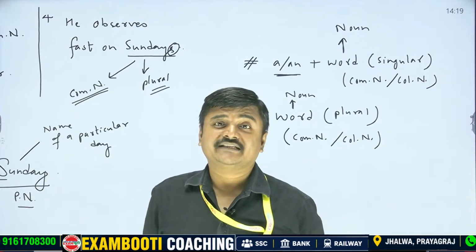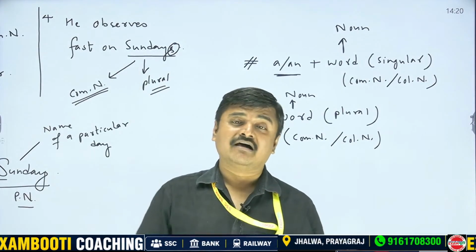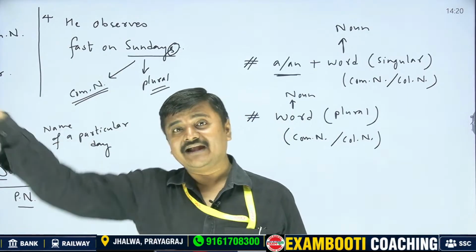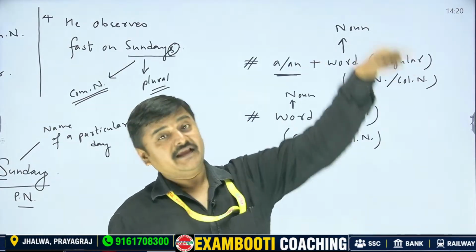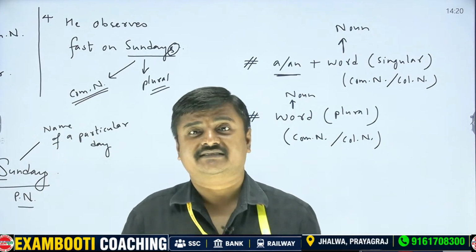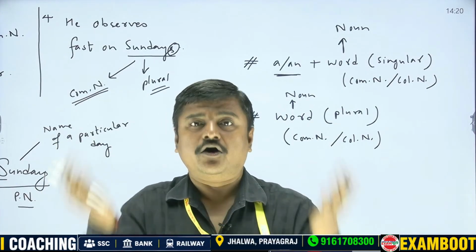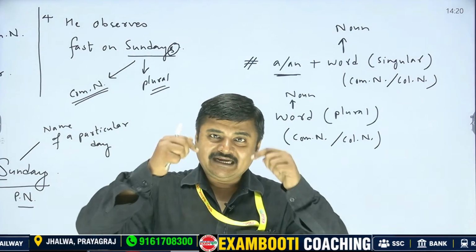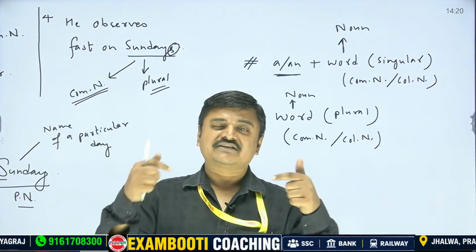Because when you say that there is a Tom in my class, there is also a Tom in that class, there is also a Tom in the 4th class, it means there are many Toms in different classes or in the same class. So in that way, Tom becomes a common noun.